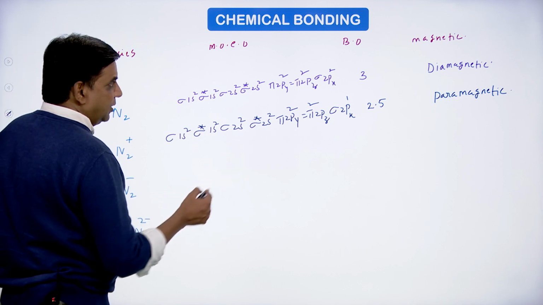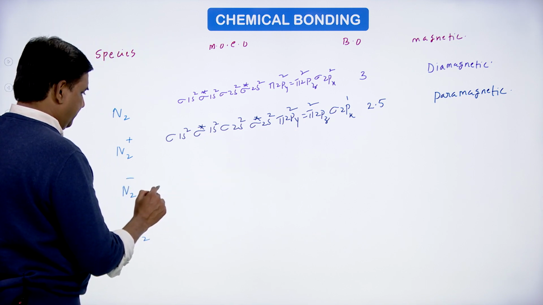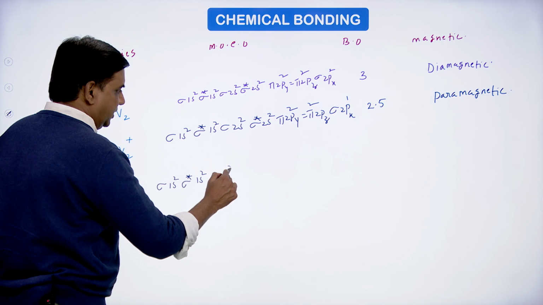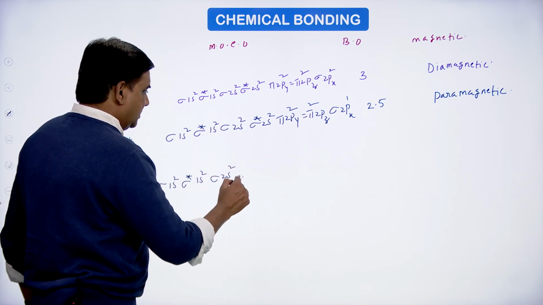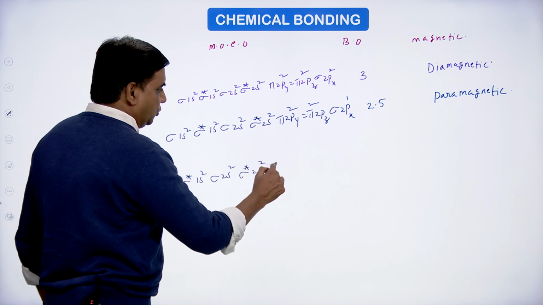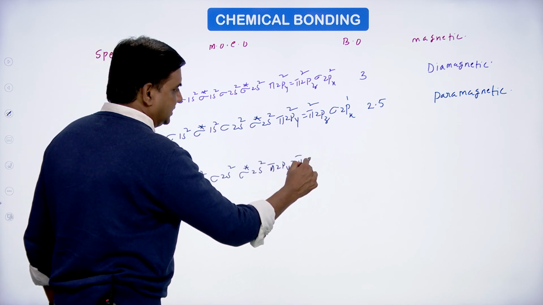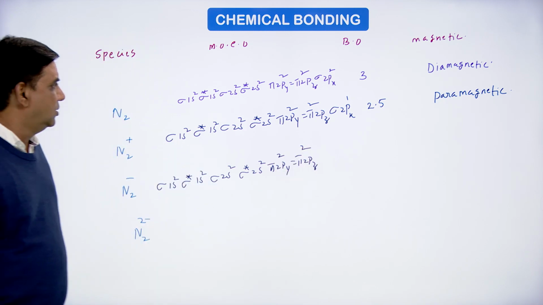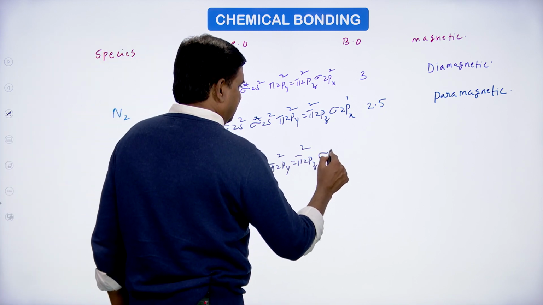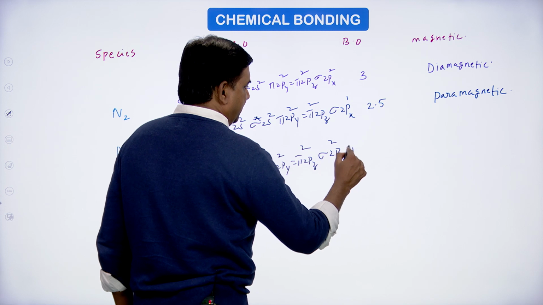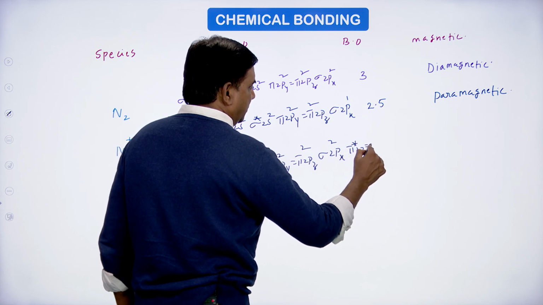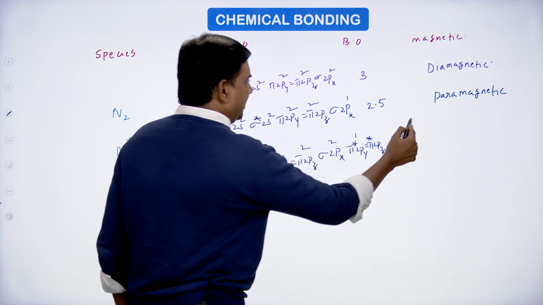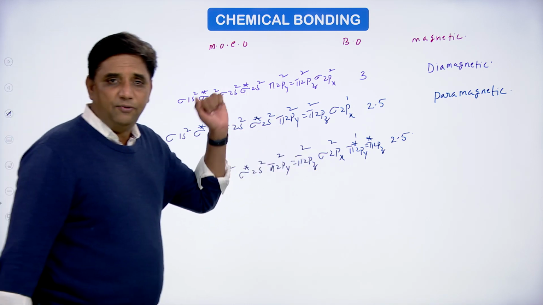And here one more electron is added. N2 minus means sigma 1s2, sigma star 1s2 and sigma 2s2, sigma star 2s2, pi 2py is equal to pi 2pz, 2 electrons each, and sigma 2px2 and pi star 2py is equal to pi star 2pz, this is 1, and 2.5 is the bond order, and because of the presence of an unpaired electron, it is paramagnetic.